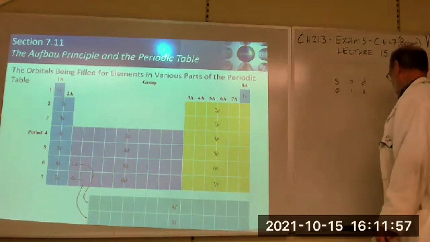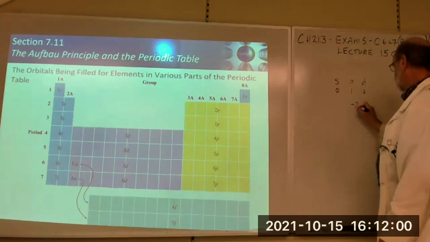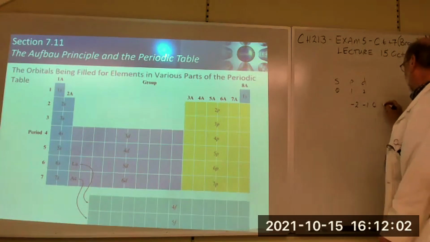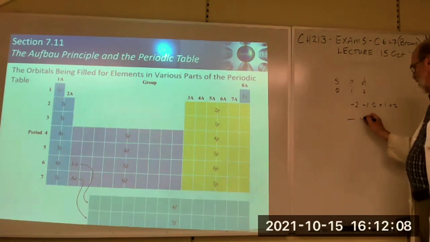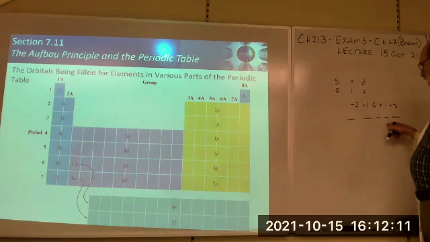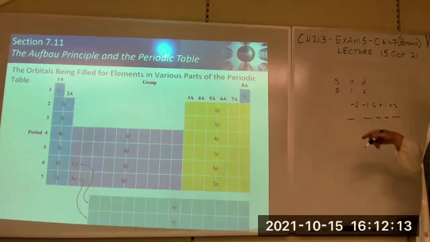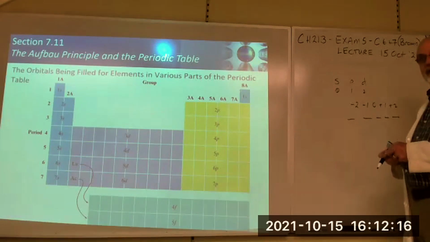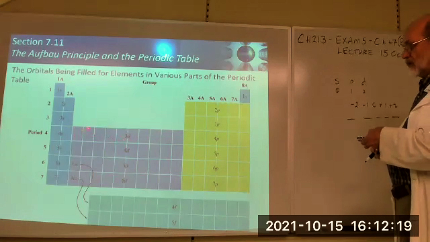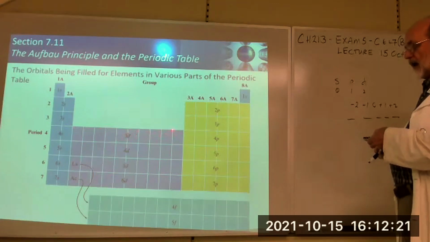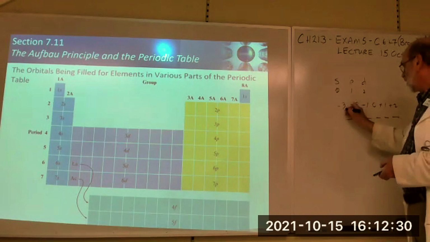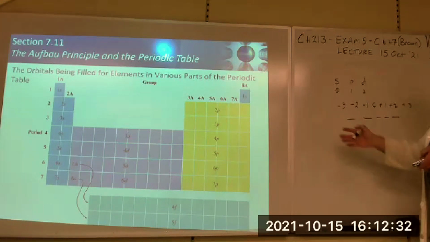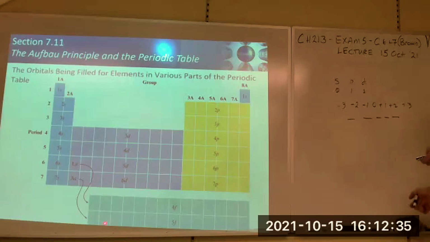Let's do that again. -2, -1, 0, +1, +2. There we go. So we can have 5 orbitals with 2 each means 10. So 10 electrons, which means d's: 1, 2, 3, 4, 5, 6, 7, 8, 9, 10. Okay, starting to make sense. With f's, you can have -3 up to +3, or 7 orbitals, times 2 is 14. So there should be 14 right here.